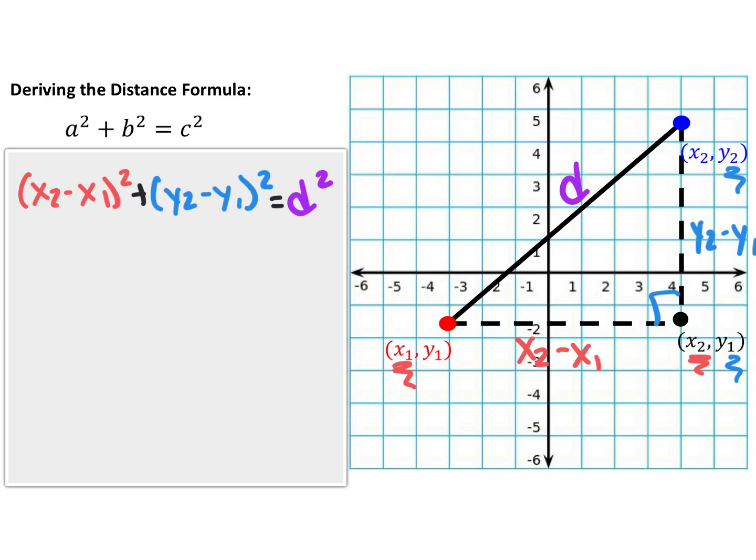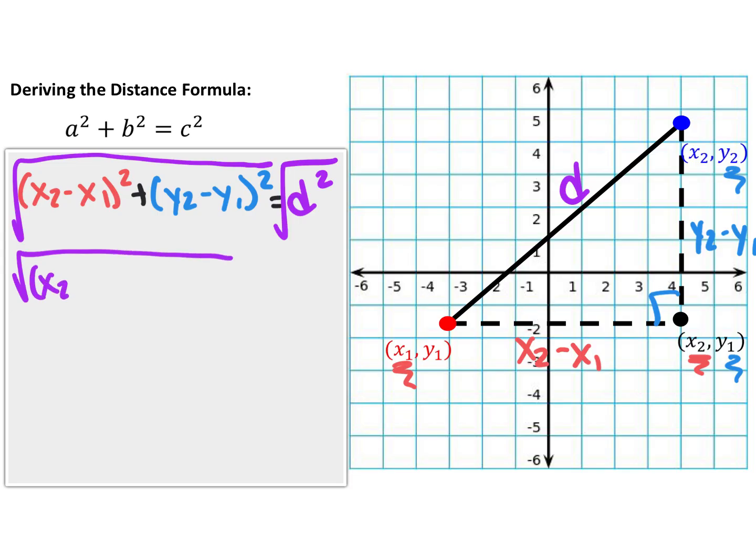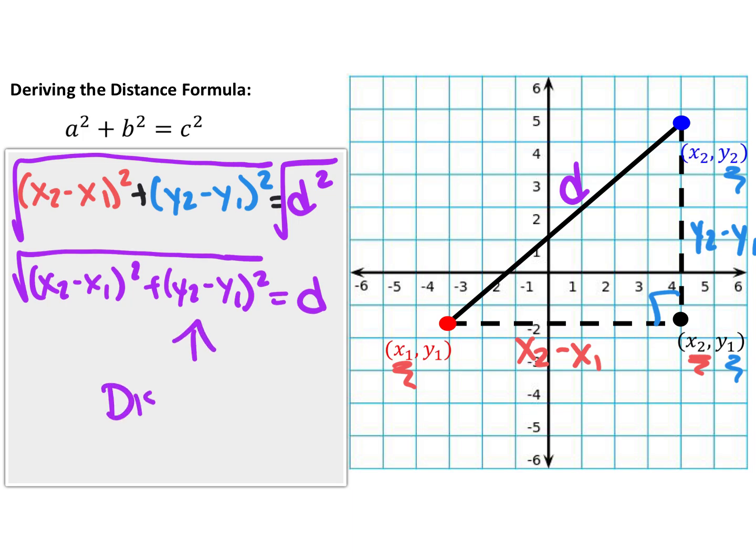Now to finish solving, if I want to get just the distance, I could say let's take the square root of both sides. This becomes the square root of x2 minus x1 squared plus y2 minus y1 squared is all equal to d, which we'll notice is the distance formula.